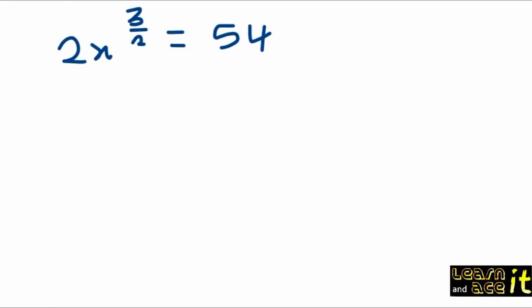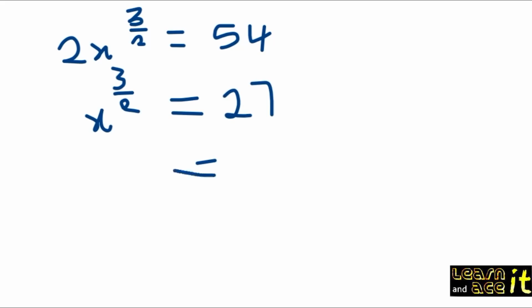Okay, so now in a case whereby you have a rational exponent which is a coefficient, what you can do in that situation, you can divide by that coefficient throughout the entire equation. Alright, so in this case, dividing the left hand side with 2 will leave us with x to the power of 3 divided by 2, and then on the right hand side of the equation, dividing 54 by 2 will actually give us 27 there, if you think about it.